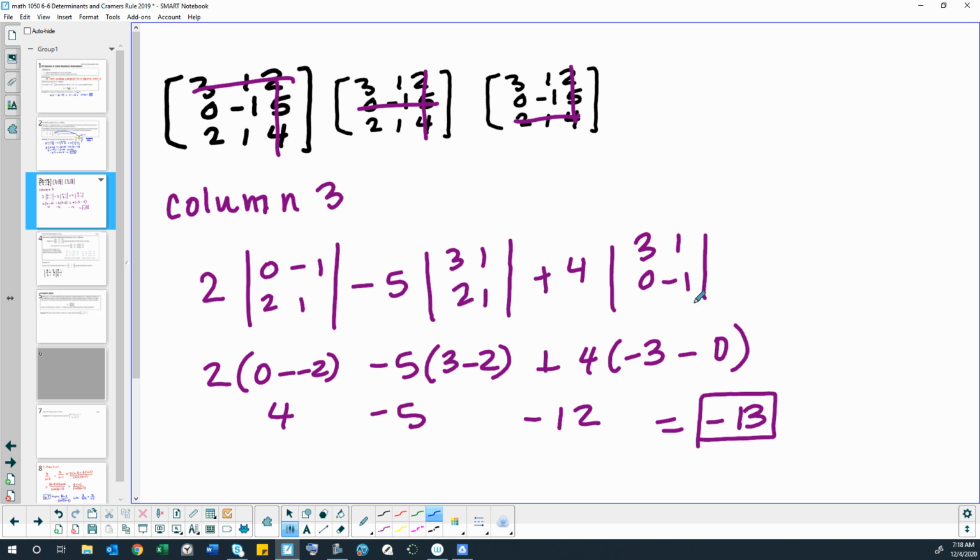And so I get different determinants along the way, and I have different numbers in here. Again, these are all positives, so that would be plus, minus, plus, minus, plus, minus, turning the 5 into a -5. And then add everything together, and I got -13 again. So same determinant, no matter which row or column you choose.